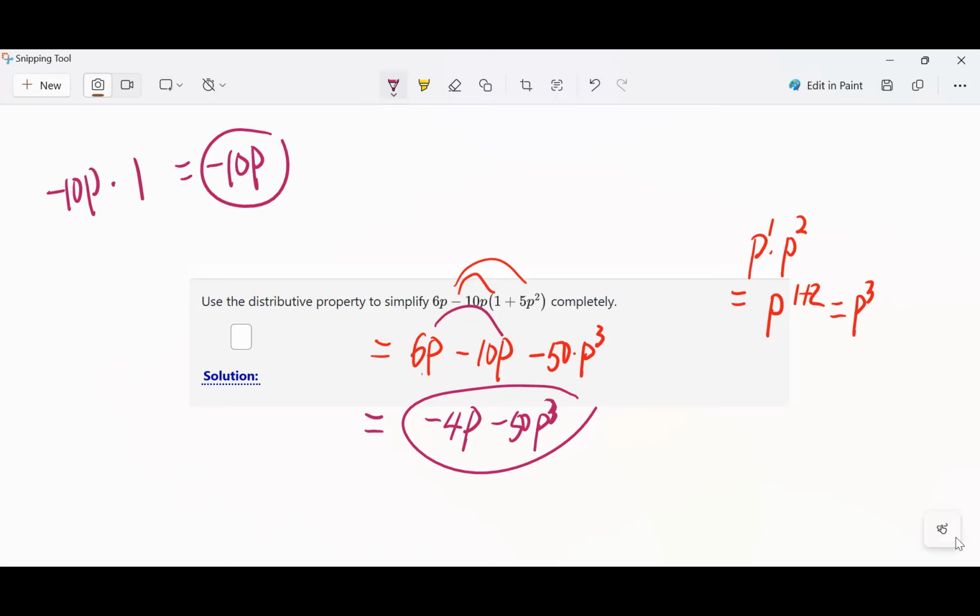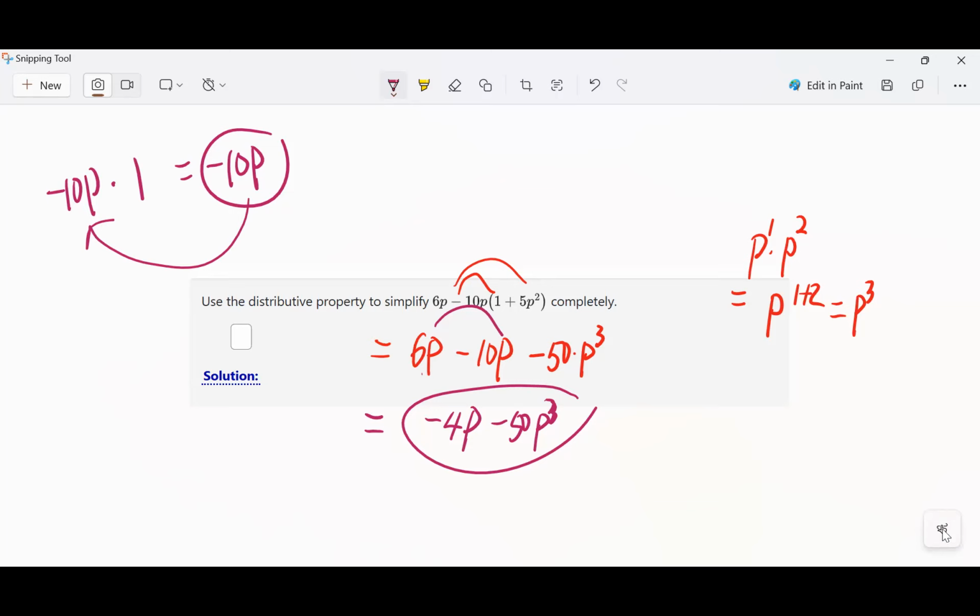Anything that's in parentheses is getting multiplied by the number that's outside. If you multiply anything by 1, it stays the same. Nothing changes. 1 is a very magical number, you multiply anything by 1, you get itself.